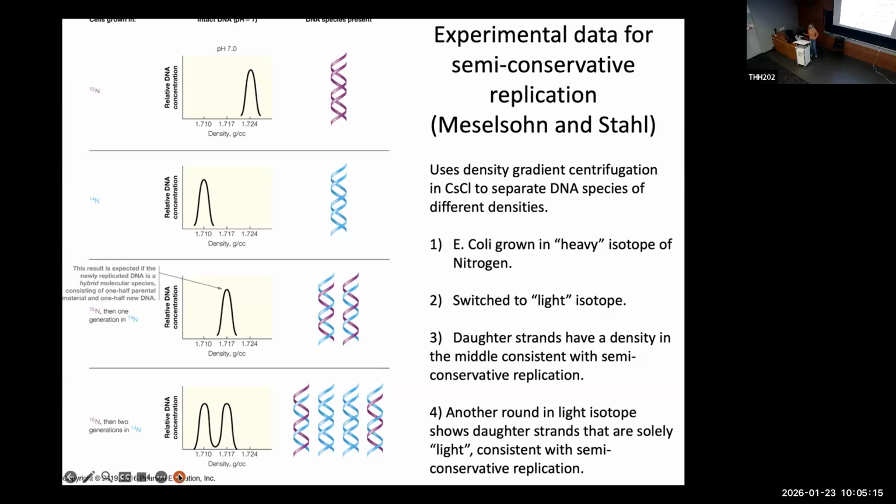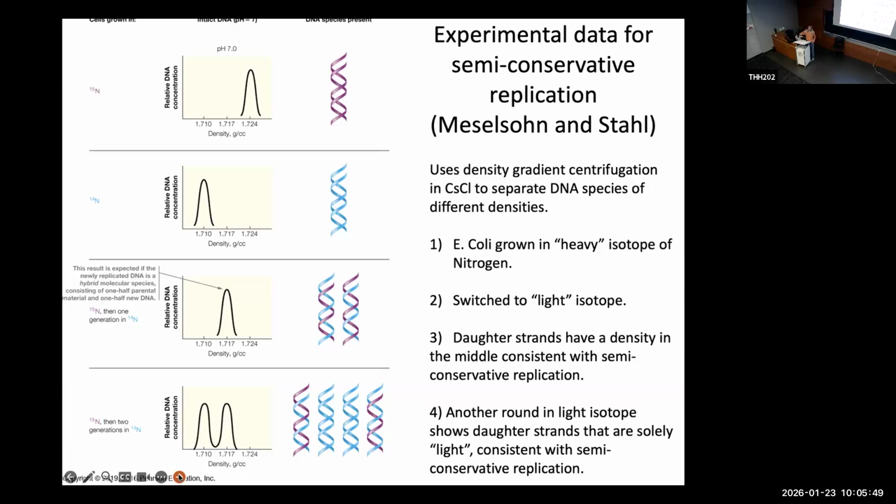Okay, so fine, you're growing the DNA under these different conditions. You're allowing it to replicate under different conditions. And then how do you detect if there's either heavy or light nitrogen in the DNA? And that's defined here by its density. Heavy DNA has a density that is heavier than the light DNA. So the way that they determine this, how heavy is it, is to use what's called a density gradient.